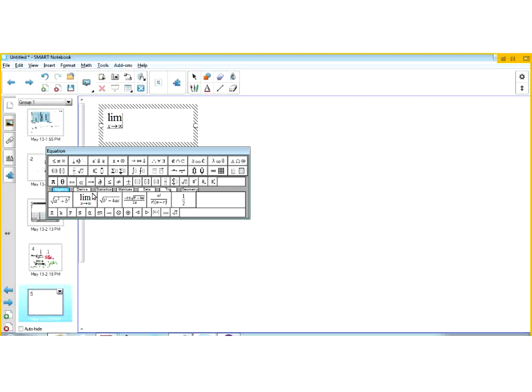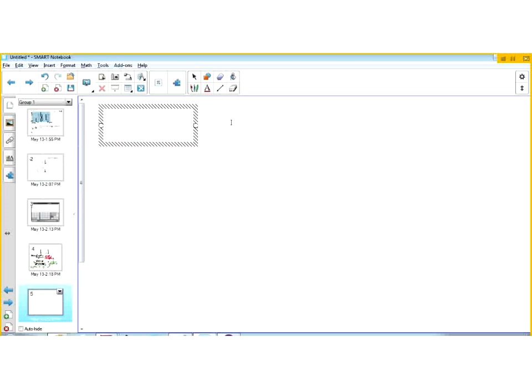The limit as x approaches 0 of sine x over x.